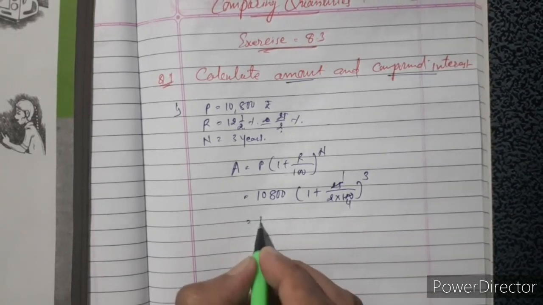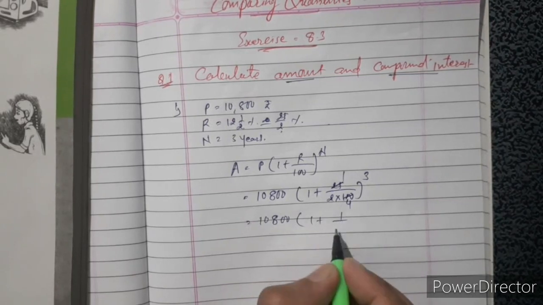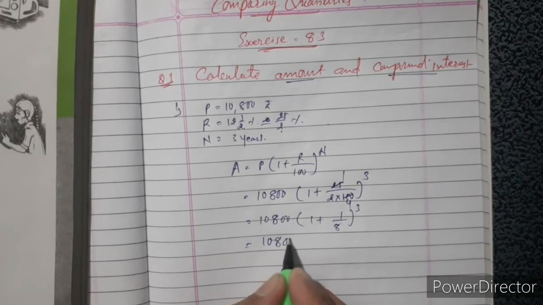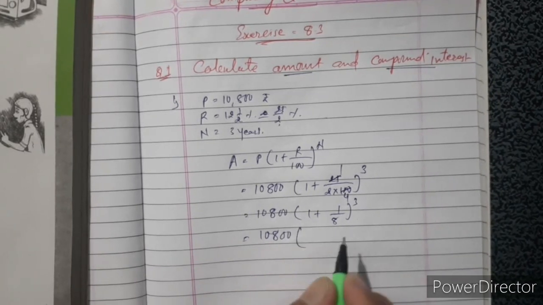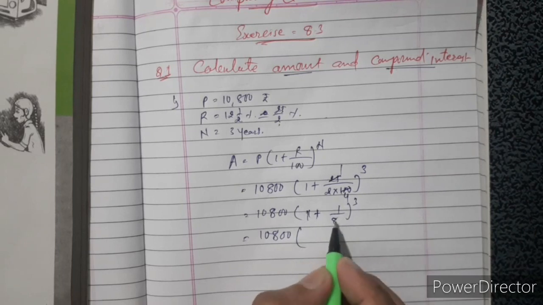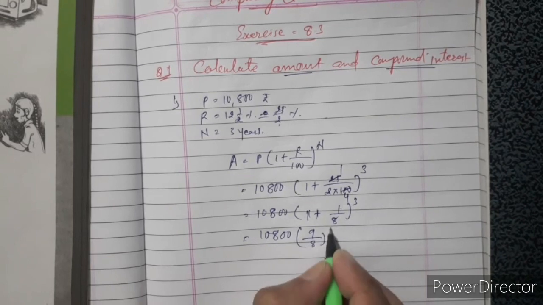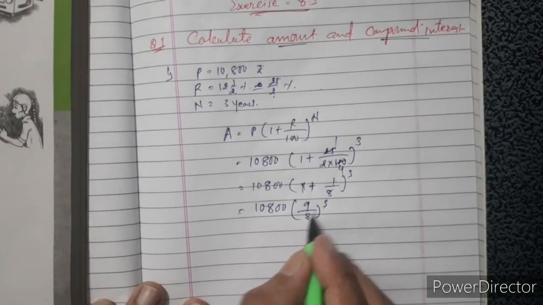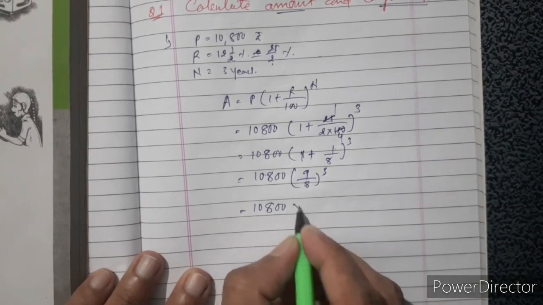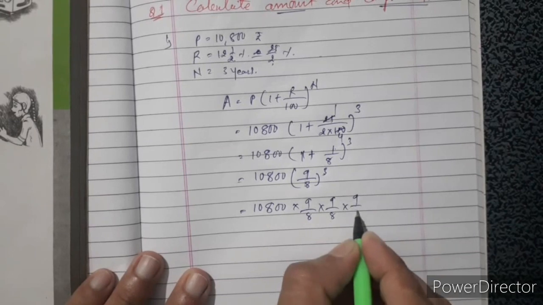So 10,800 into bracket 1 plus 1/4 to the 8 raised to 3. Just add 8 and 1, that is 9/8 raised to 3. You just take 9/8 three times. 10,800 into 9/8 into 9/8 into 9/8.